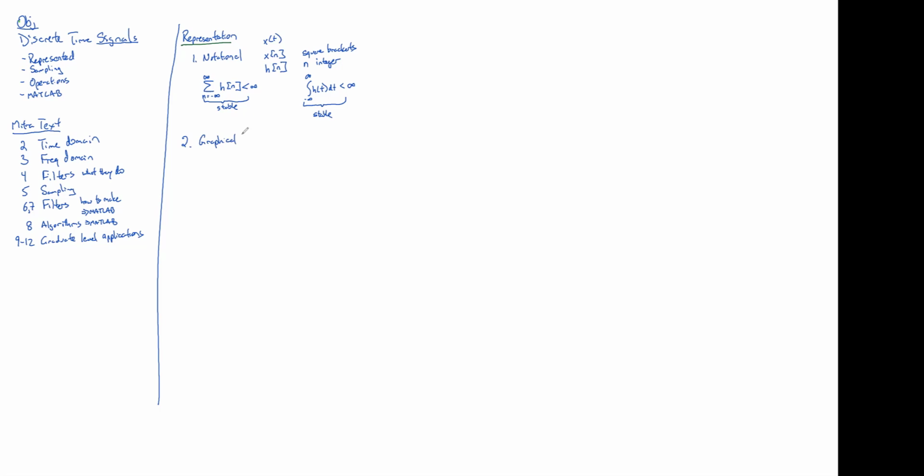The next is graphical. And instead of a plot, it's a stem plot. So as an example, here's an example of a stem plot.